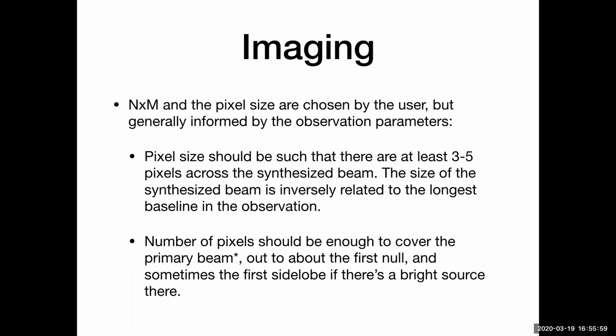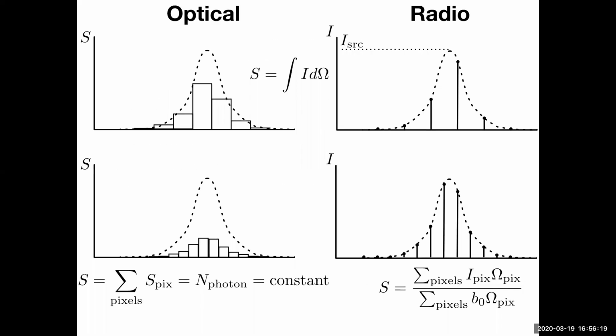So in general, the number of pixels and the pixel size is a user thing, but in practice, there's usually some connection to your observing parameters that you want to use. So pixel size is usually such that you want 3 to 5 pixels across your synthesized beam width. To explain that, I can go back to this image. If you look at the radio image here, this is an image that has about 3-4 points across the width of the synthesized beam.